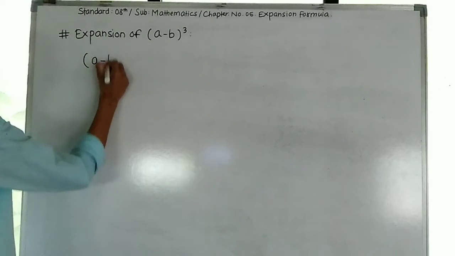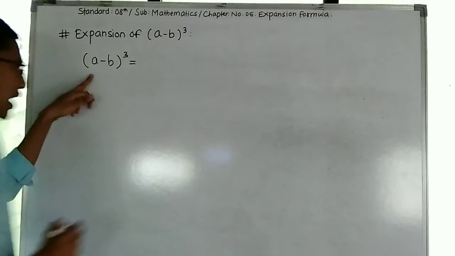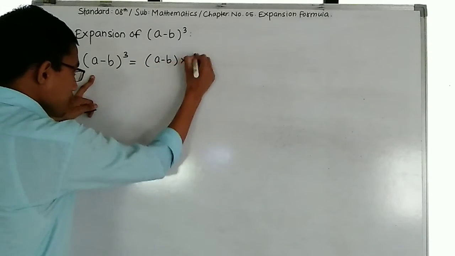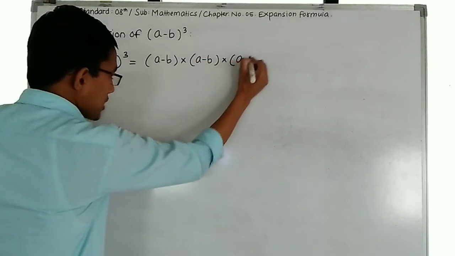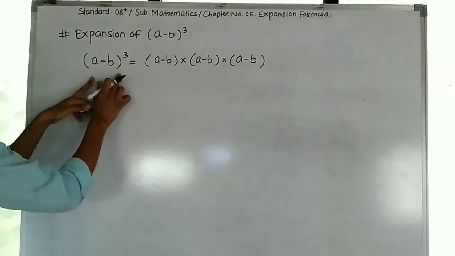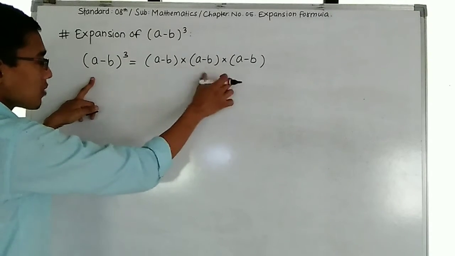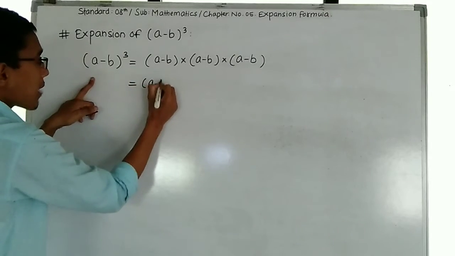So (a minus b) raised to 3 equals, I can write this as (a minus b) into (a minus b) into (a minus b). As the power is 3, I am going to write the term down 3 times with a multiplication sign between them. I will keep the first term as it is, (a minus b).